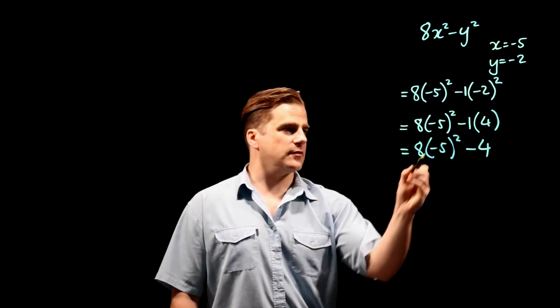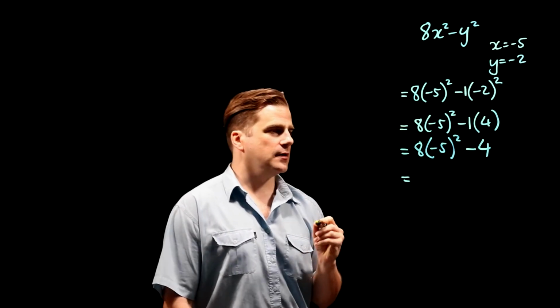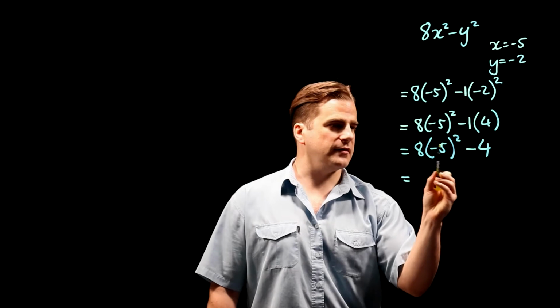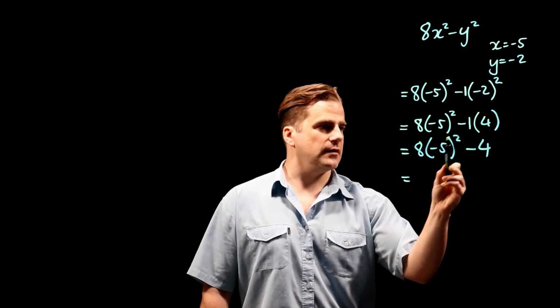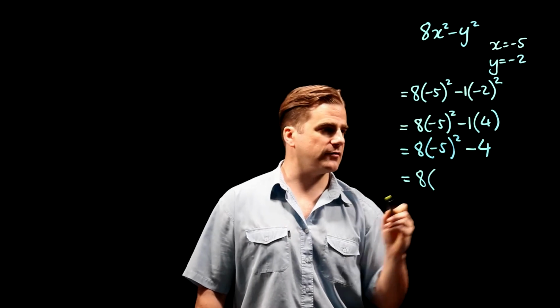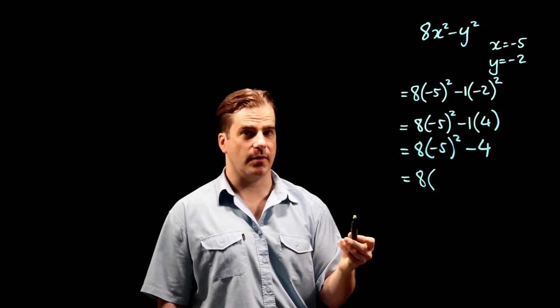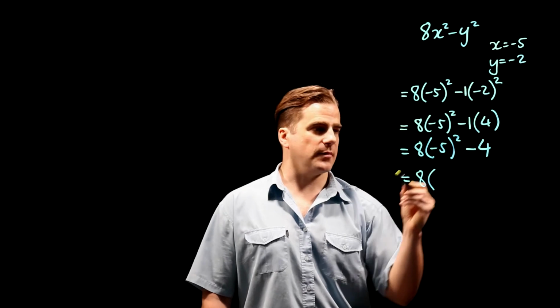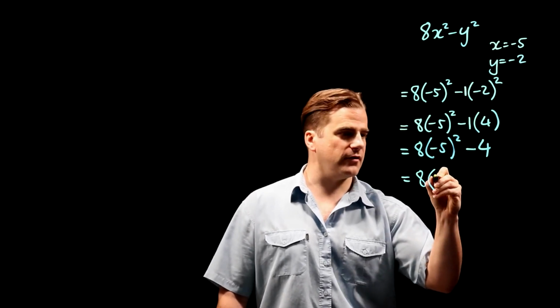Okay, let's do this bit. Again, 8 times this, that's a multiplication, and that's beaten by the index. So we have to evaluate the index first. -5 times -5, that's (-5) squared, is +25.